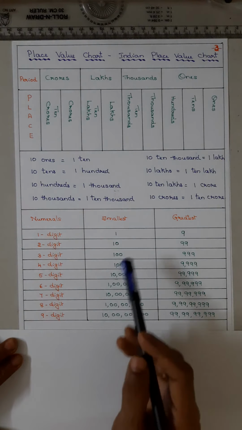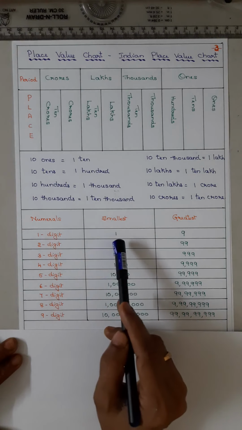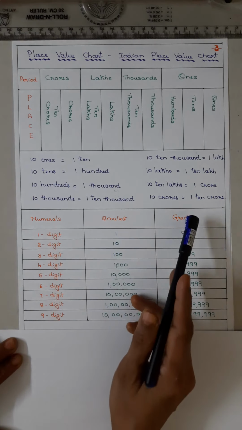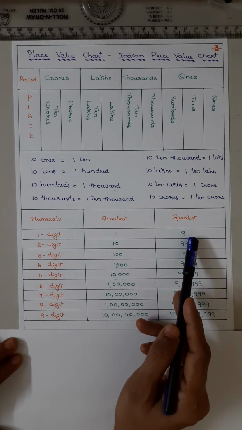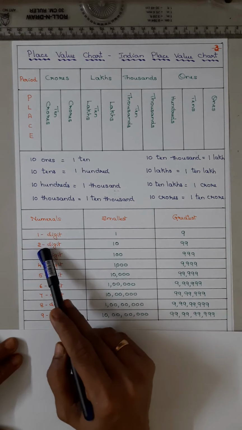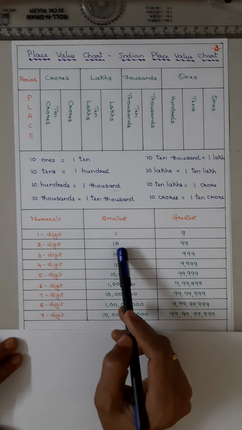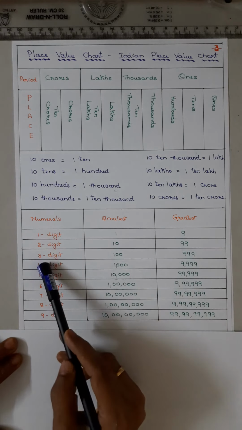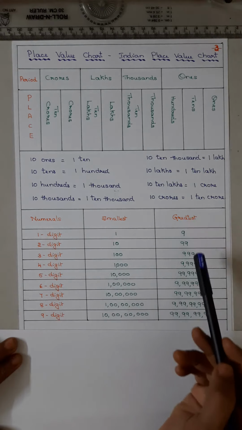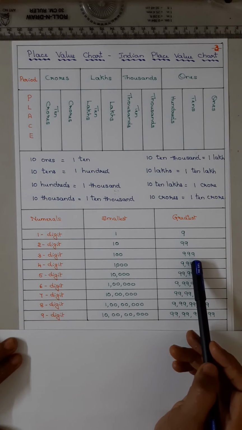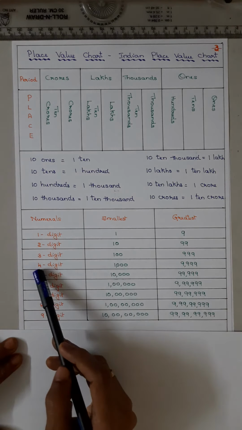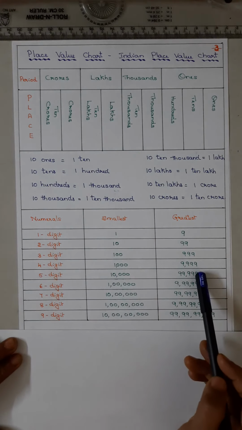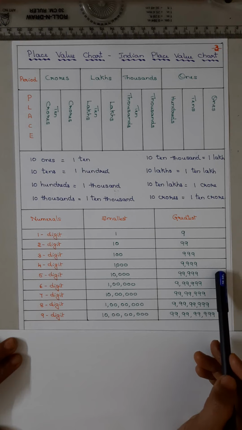So we will see the smallest 1 digit numeral is 1. The greatest 1 digit numeral is 9. Smallest 2 digit numeral is 10 and the greatest is 99. Smallest 3 digit is 100, greatest is 999. Smallest 4 digit is 1000, greatest is 9999.